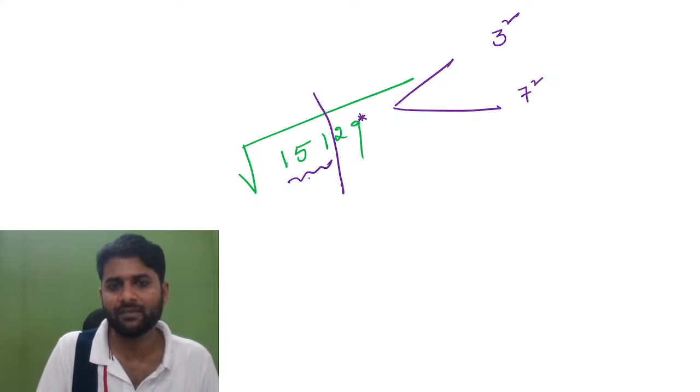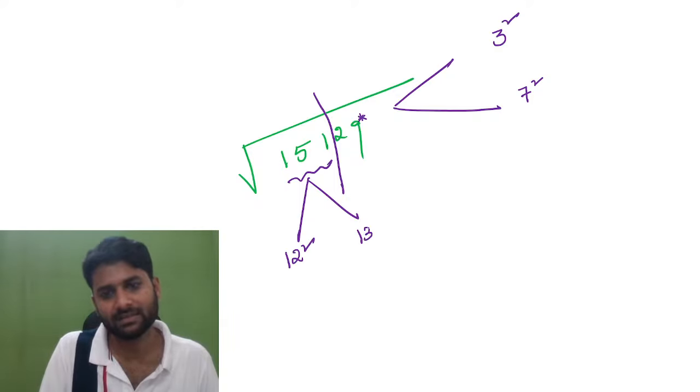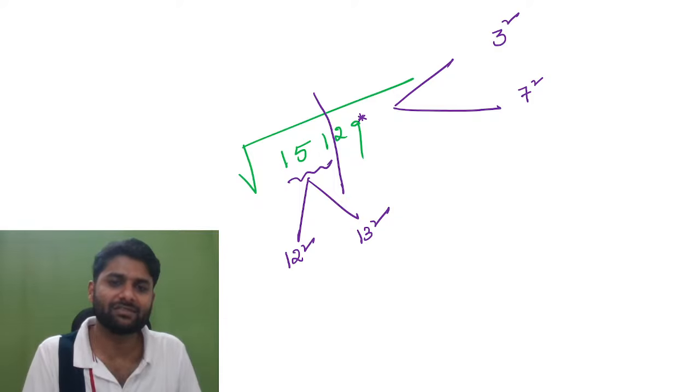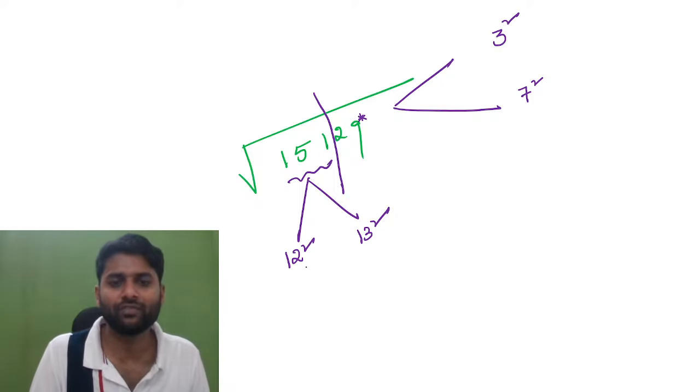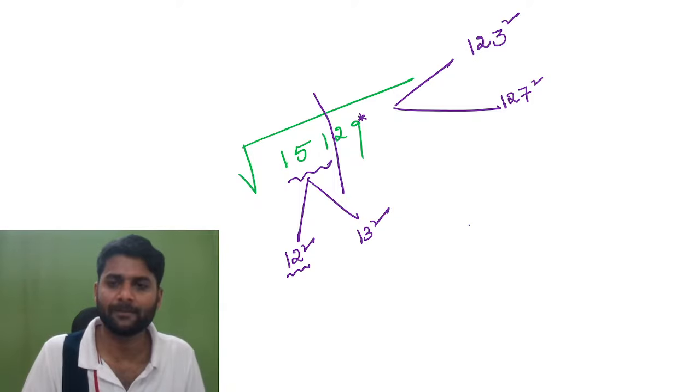Now 151 lies between 12 square and 13 square. 12 square is 144, 13 square is 169. Out of these two numbers, the minimum is 12. So here the answer is either 123 square or 127 square.